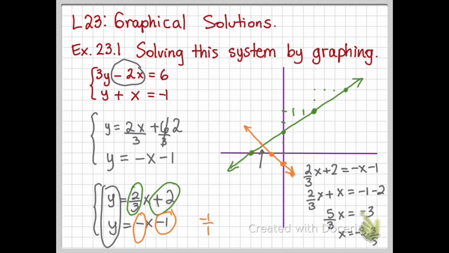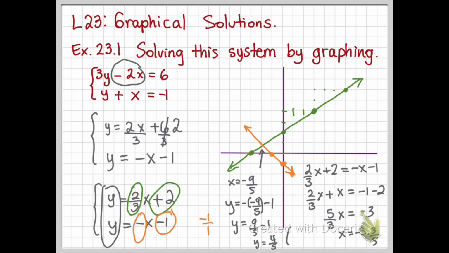And the answer would be -9/5. And then to find y, we just have to change the sign and add -1. So we are going to do that, and that would be +9/5 minus 1, which would be 4/5.